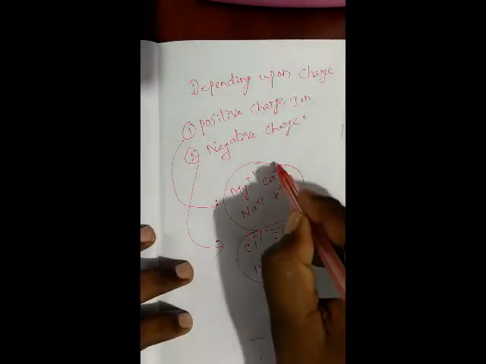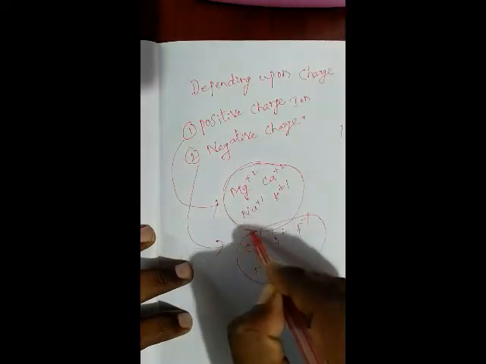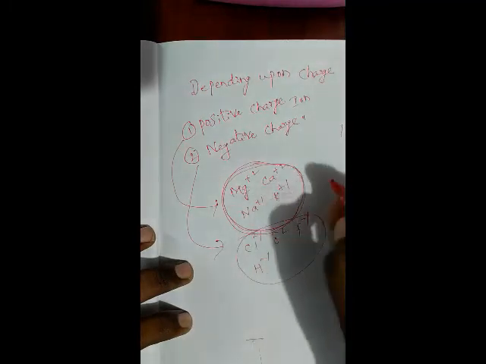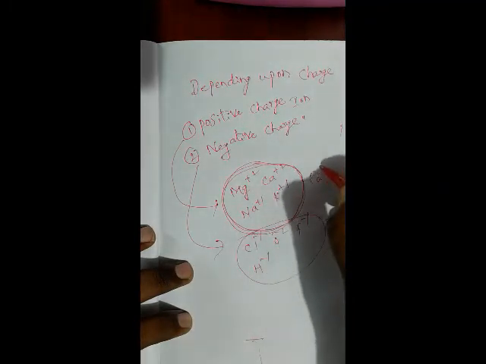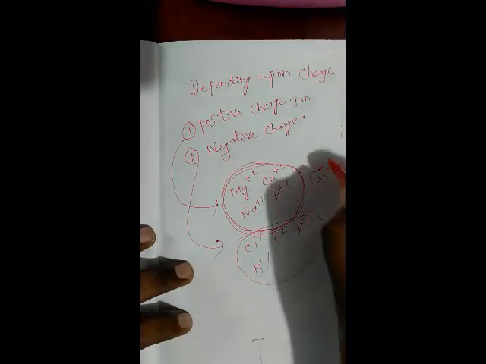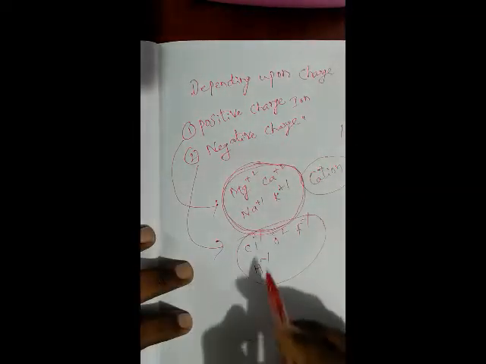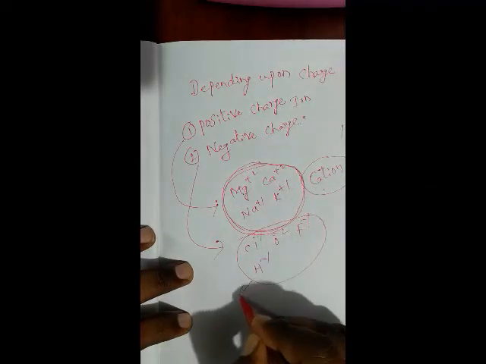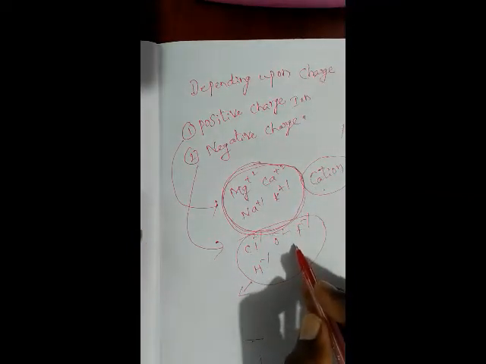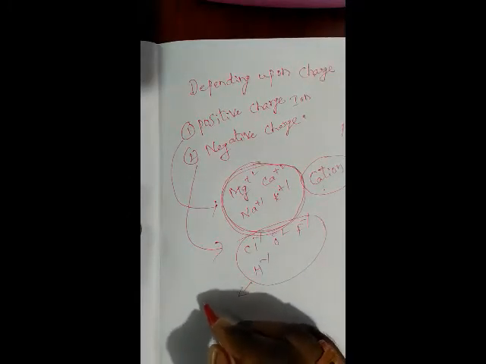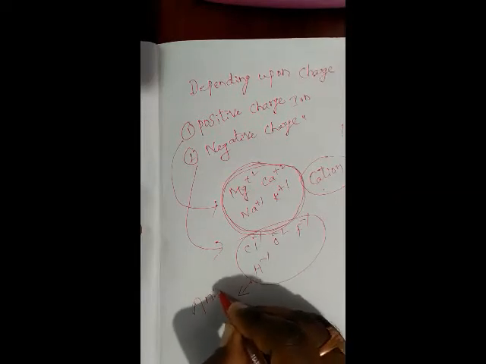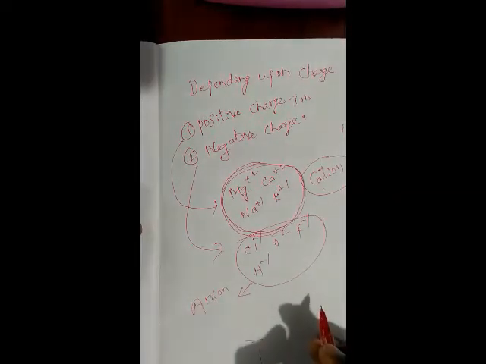The positive charge radical or positive charge ion is known as cation, C-A-T-I-O-N. All positive charge ions are known as cation, and the negative charge ions or negative charge radicals are known as anion, A-N-I-O-N.